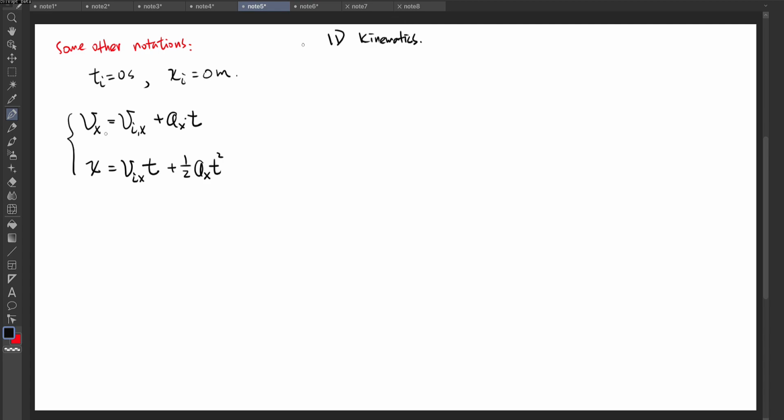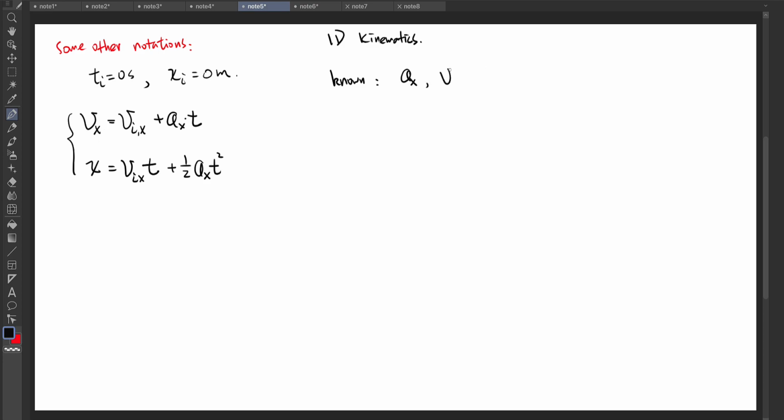But we actually have more. So let's see. If I'm given a situation where I know, let's say, the known quantities, if I know the ax, if I know that, right? And I don't have any information about the t. Instead, I have v.